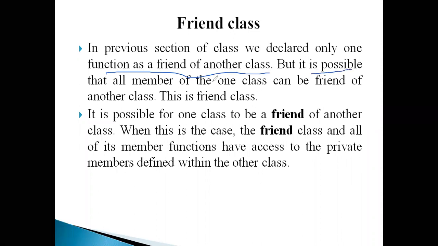But here it is also possible to make all members of one class friends of another class. Simply we make one class a friend of another class. When we make one class a friend of another class, then automatically all the member functions are going to share with each other.